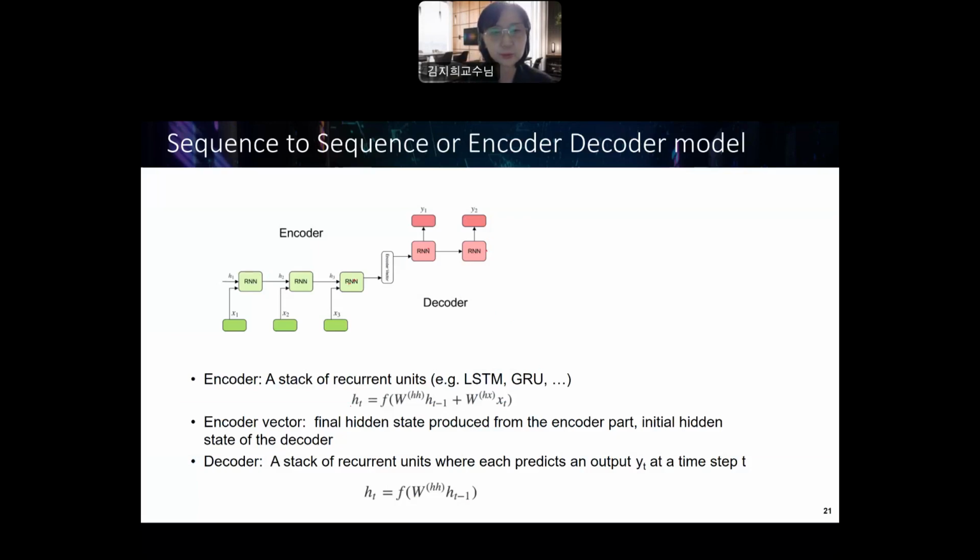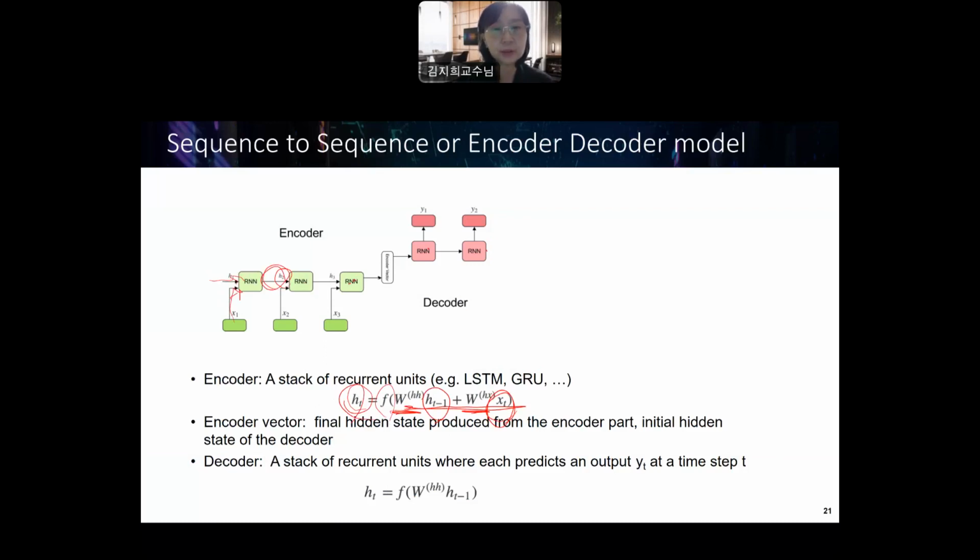Hidden states are produced in the encoder from the previous state and the given input. You will have a previous state and the given input, and there will be weight matrices and some kind of activation function, and given this, we'll have a new state. So that will be the encoder part.